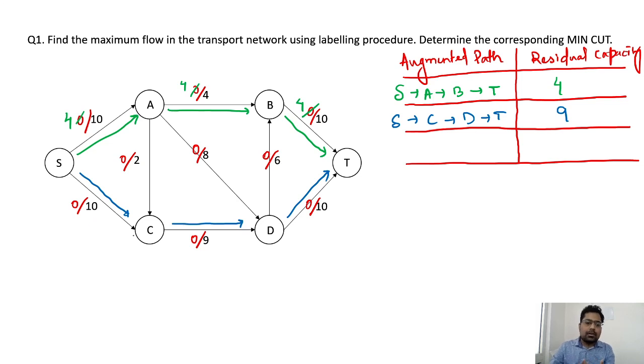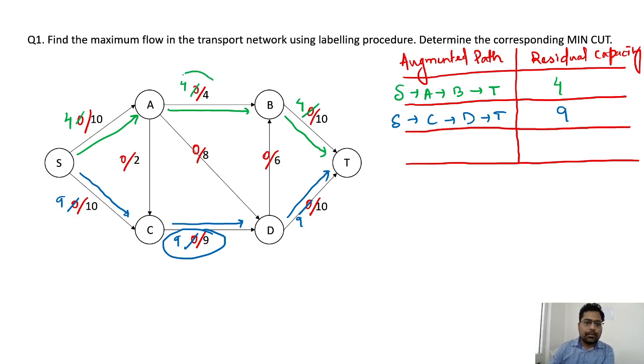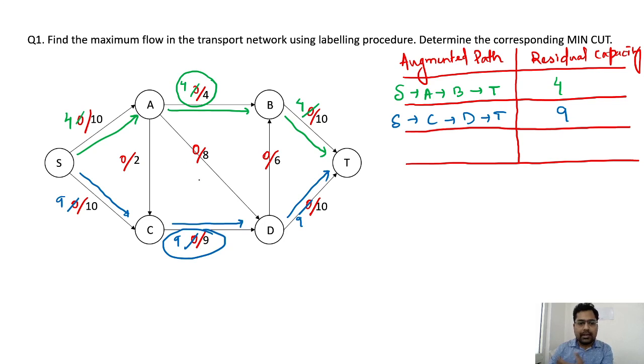Next we need to update it, and we have found the residual capacity 0, so we should stop there. Okay. Next, we have to change the color. We have to find a way whether we can go further or not.